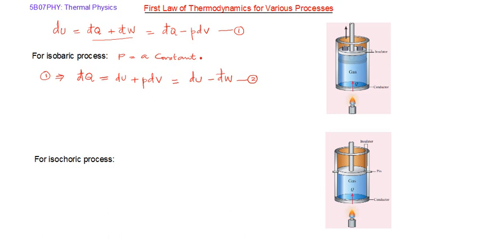So d bar q amount of heat is given to the gas system here, and the pressure should be maintained a constant. That is our need here. How is it possible? When you give heat to the system, it will cause an increase in the internal energy of the system, or it will directly cause an increase in the temperature of the system.